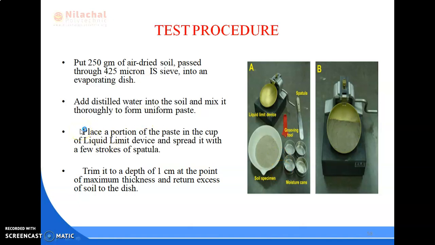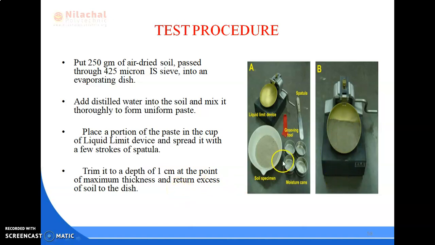Then place a portion of the paste in the cup of the liquid limit device, here in this cup, and spread it with a few strokes of the spatula. So we have to plane it like this, as shown in this figure, with the help of this spatula. Then trim it to a depth of 1 centimeter at the point of maximum thickness and return the excess soil to the dish.